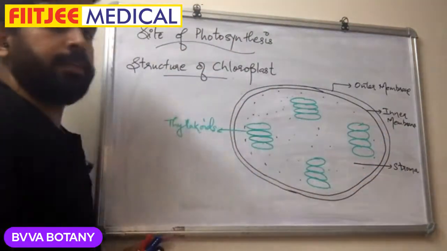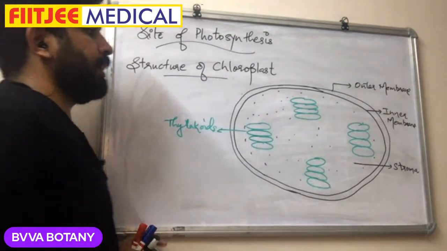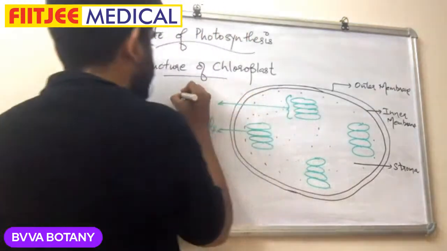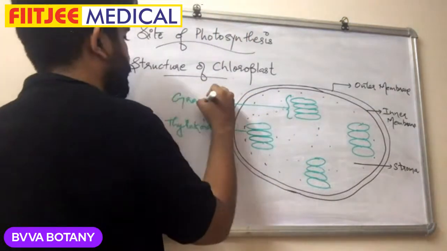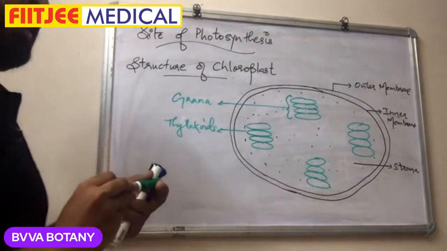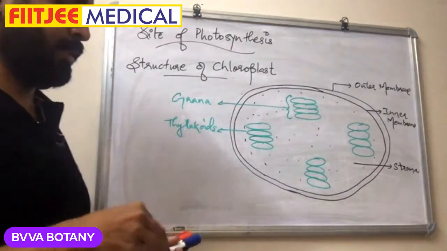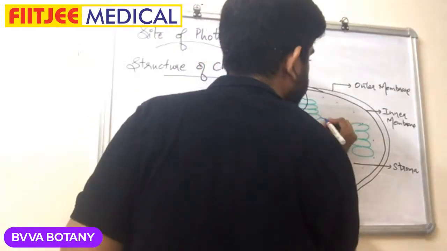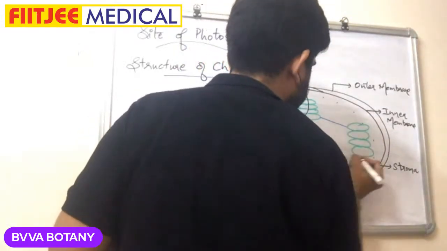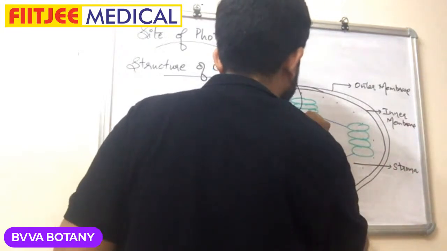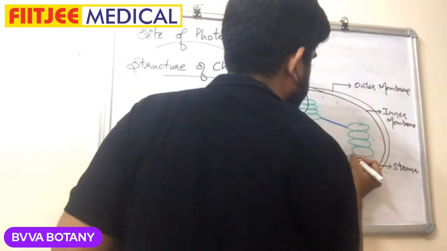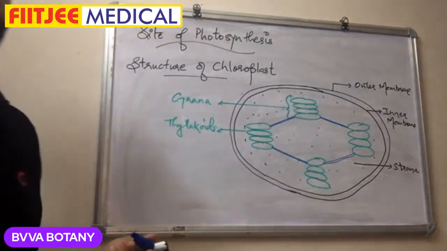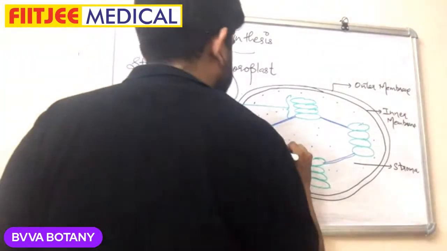These stacks of thylakoids we call the grana. The grana are interconnected to each other by means of a structure known as the stroma lamellae or fret lamellae.